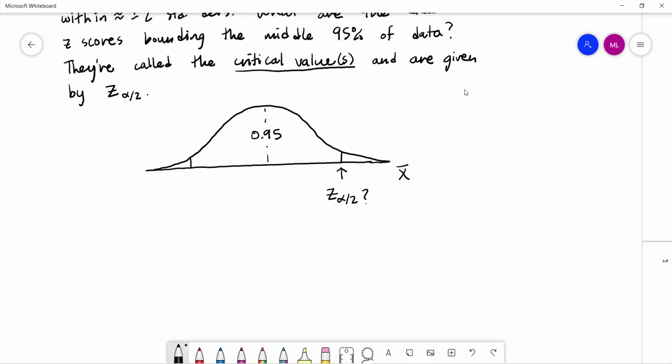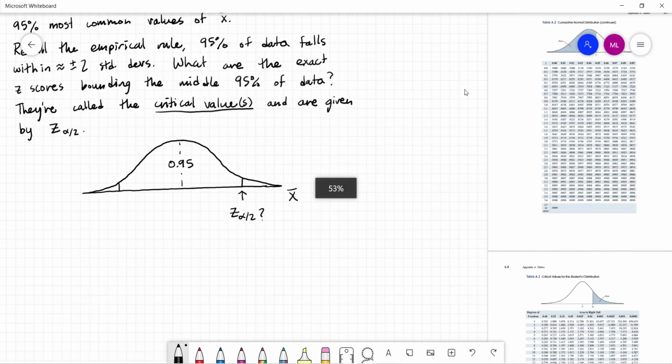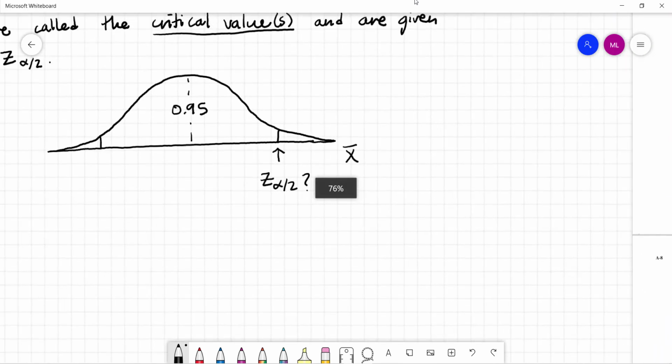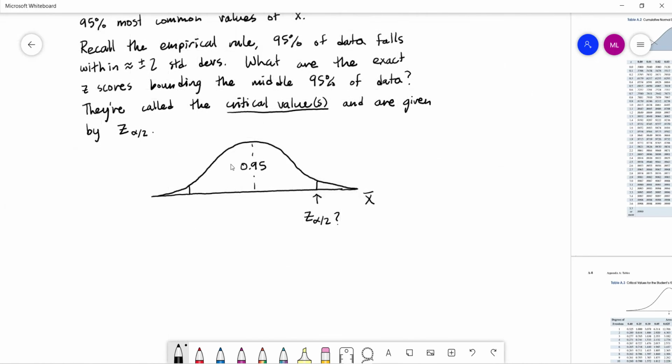But to use the table, I need to recall exactly what I just said. The area here isn't measured as the middle, so I can't just look up 0.95 as the middle area. I need to find the area all the way into the left tail. So if I have 95% of the area in the middle, that leaves an area of 0.05, the last 5%, for the two tails.